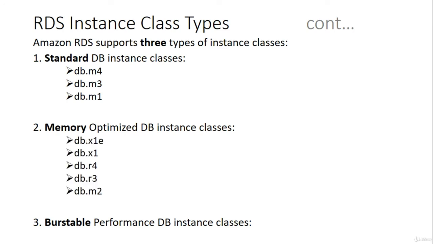In memory optimized we have X1E, X1, R4, R3 and M2. In burstable we have T2, and this T2 we will be using for demo purposes because it's free tier eligible.